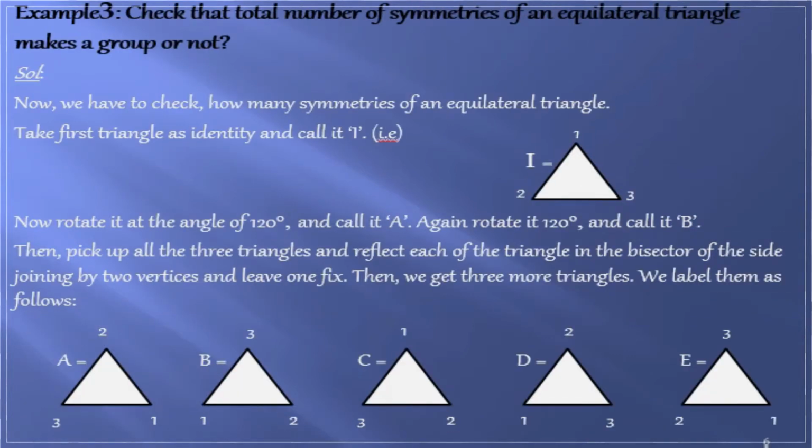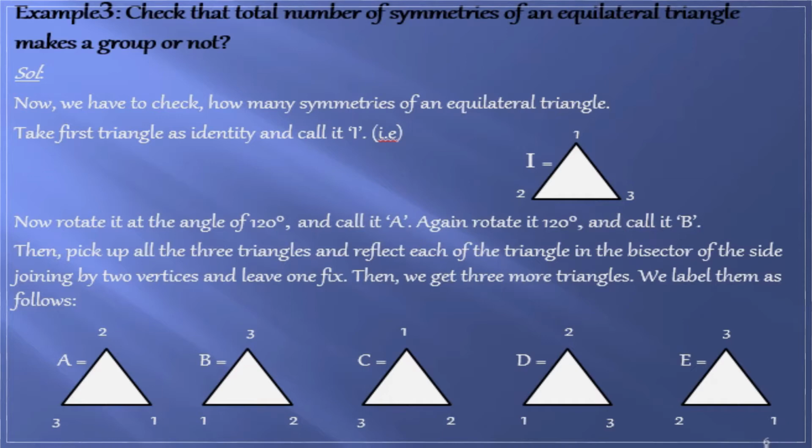This is example number 3, and this is an interesting example of a group. In this example, we have to check whether all possible symmetries of an equilateral triangle make a group or not. Take the first triangle as identity, and call it I, and name its edges 1, 2 and 3.